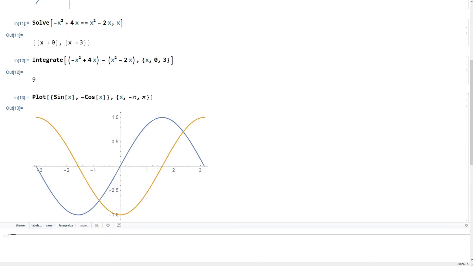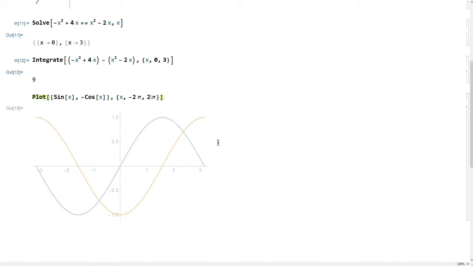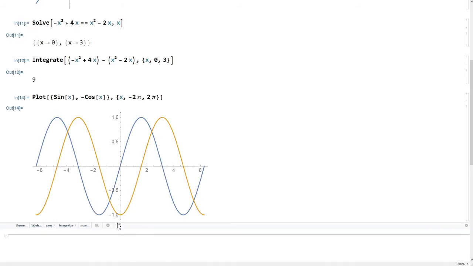So if we plot this, we can see a region here bounded by these two curves. Now, why do I specify one region? Well, if we expand this, you can see there's multiple regions bounded by these two functions. And in fact, there's infinitely many. So this is why you have to specify one region.